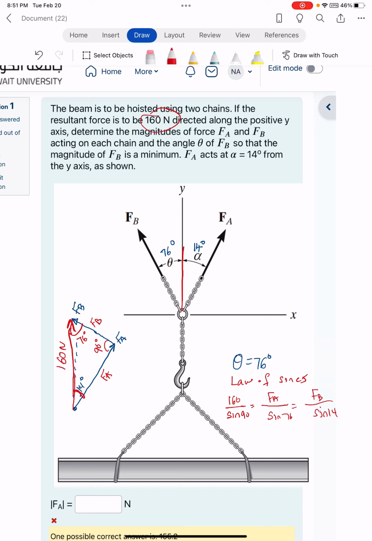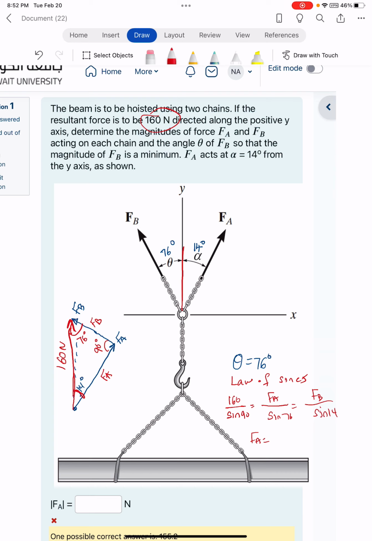Okay, let's do this. Sine 90, that's one. So this is 160. So FA is equal to sine 76 times 160.